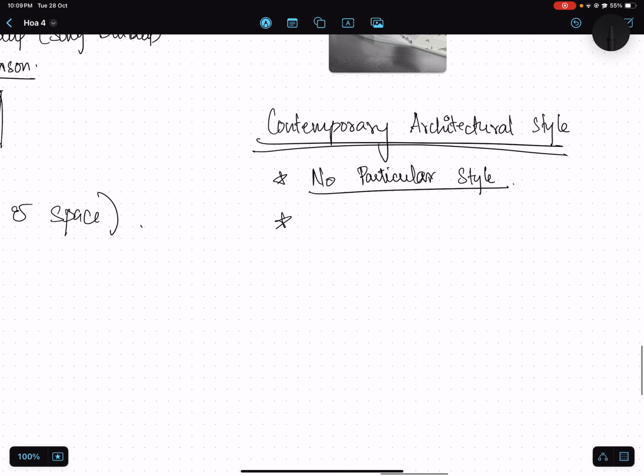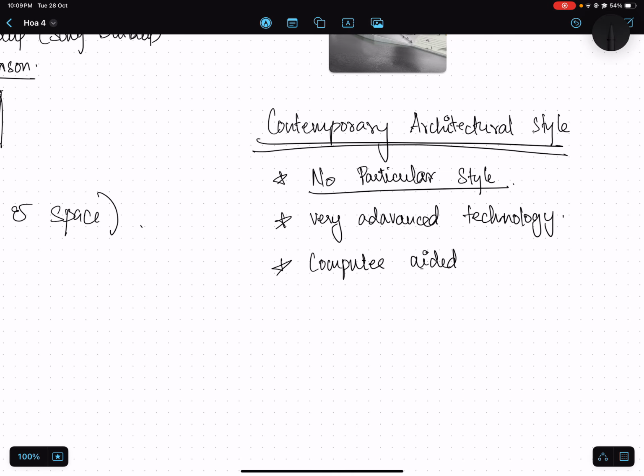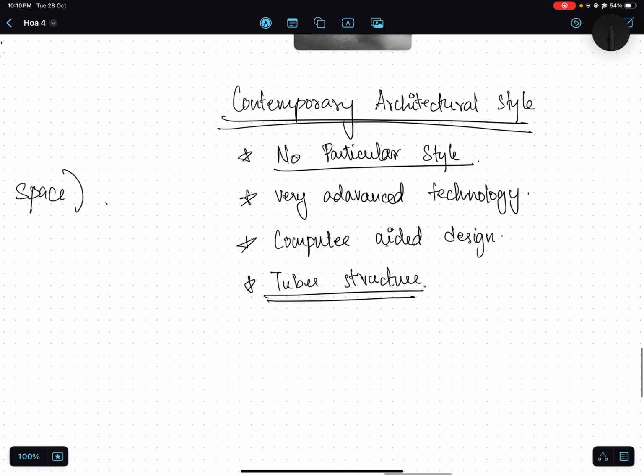This just had a few characteristics to it, which is it used very advanced technology, it used computer aided design, and tube structures, which allowed buildings to be much taller than before.